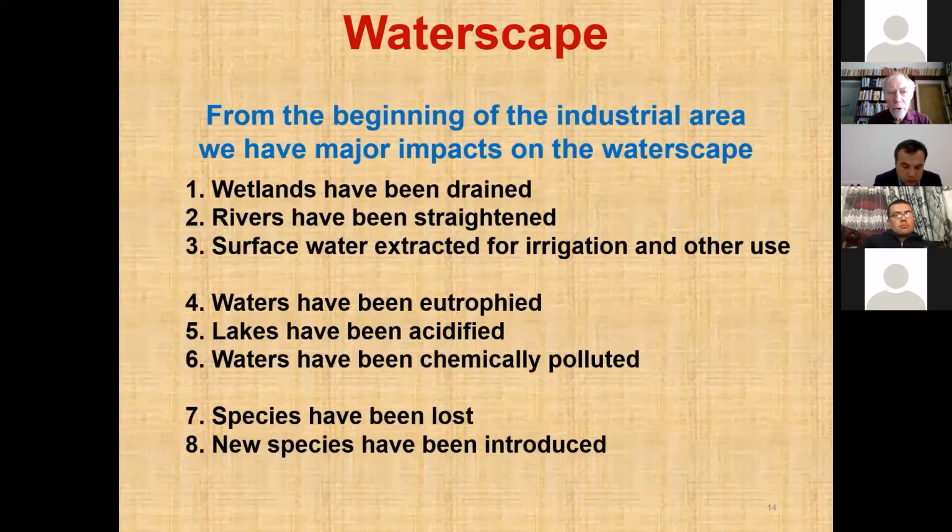When it comes to water, we should understand that much has been done to impact water. Wetlands have been drained, rivers have been straightened, and surface water extracted for irrigation and other uses. So irrigation is very serious because it is too much.